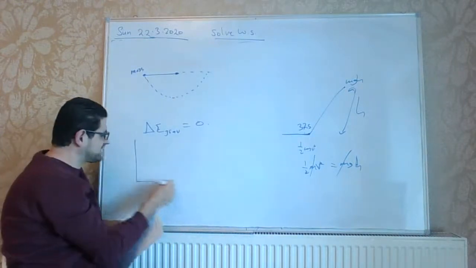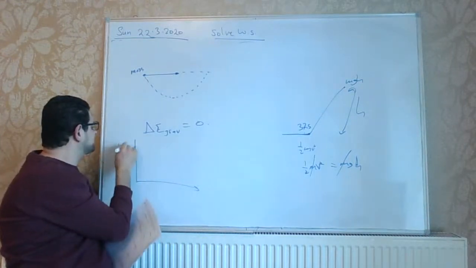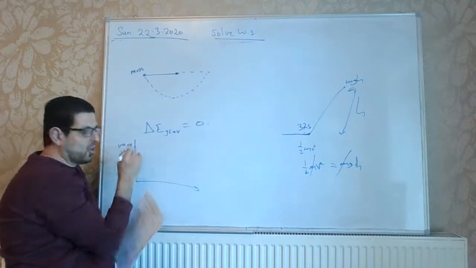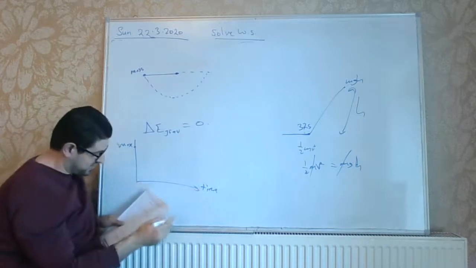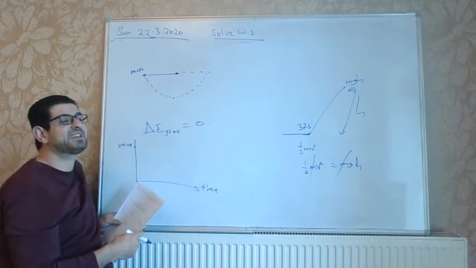So the gravitational potential energy at the beginning is max. This is not with time, it is with the vertical displacement.